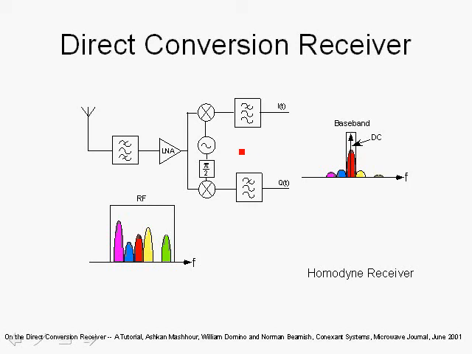One more thing is that a direct conversion receiver is more appropriate for a monolithic integrated circuit rather than discrete components because of the difficulty in matching components in a discrete implementation. And typically, if you do a discrete implementation, you may prefer to use a Heterodyne type receiver architecture.